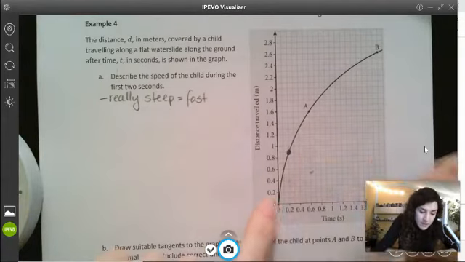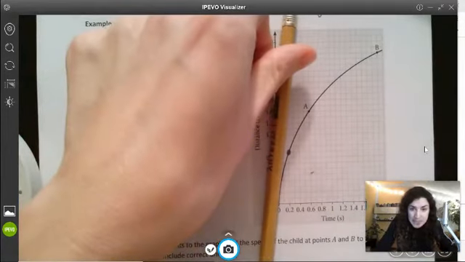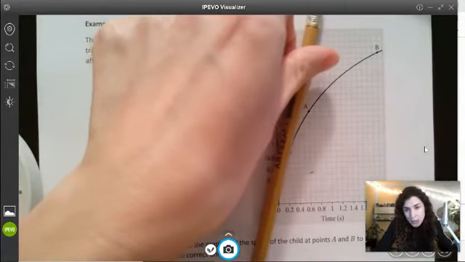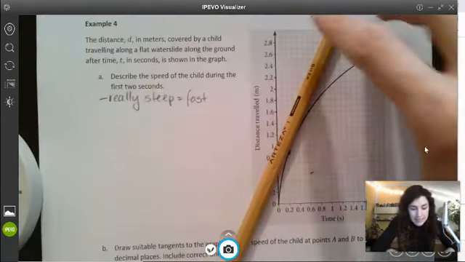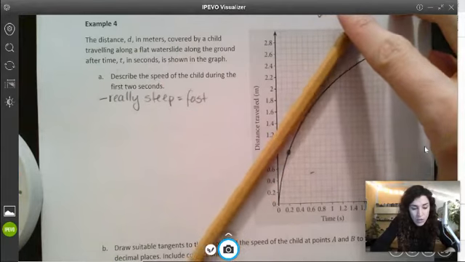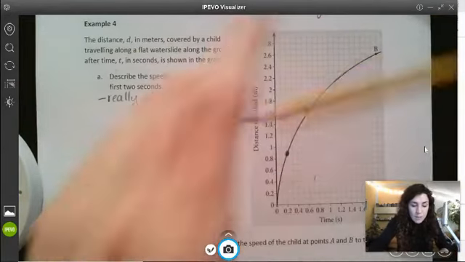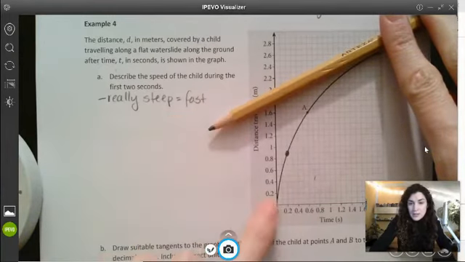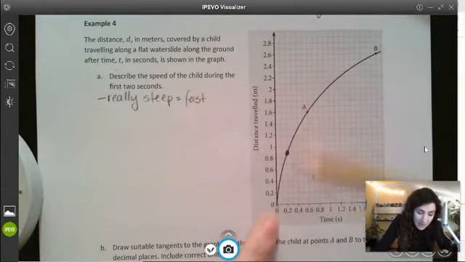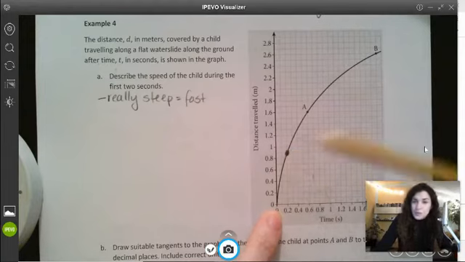And this slope is pretty steep right there, but then notice how the slope gets less steep and less steep and less steep as we move along this curve. By the time you're up here, you've got a completely different slope than you did at the beginning. And so you can see that behavior starting in the first 2 seconds.